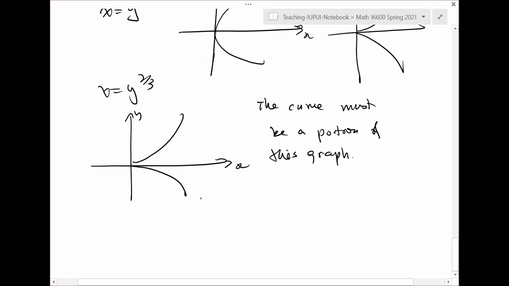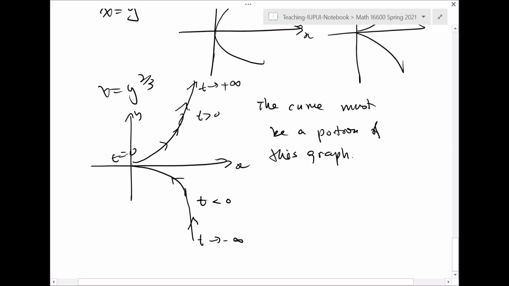And clearly, when t is negative, y is negative. When t is positive, y is positive. When t equals 0, it's 0. So I don't even need to choose a point. When t goes to infinity, it goes in this direction, and when t goes to negative infinity, it goes the other way. So this is our picture. That's it.